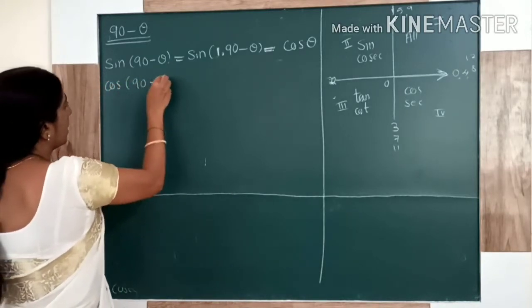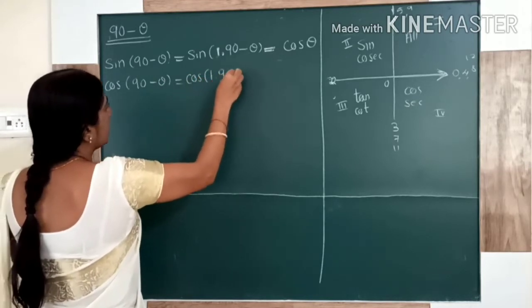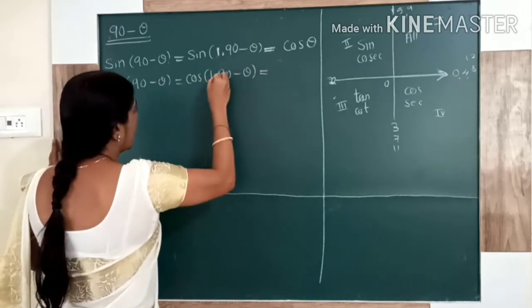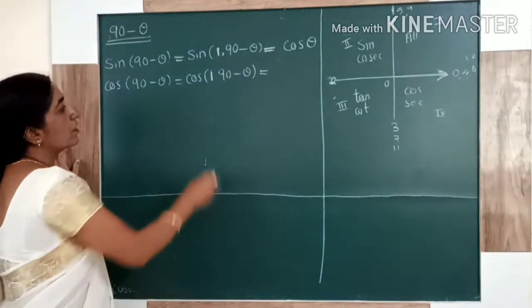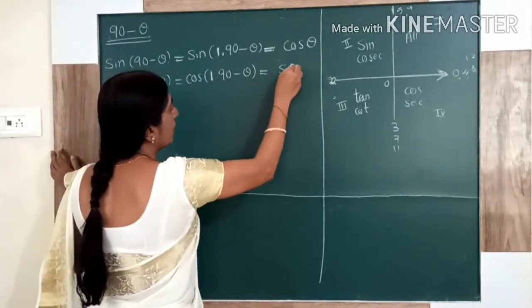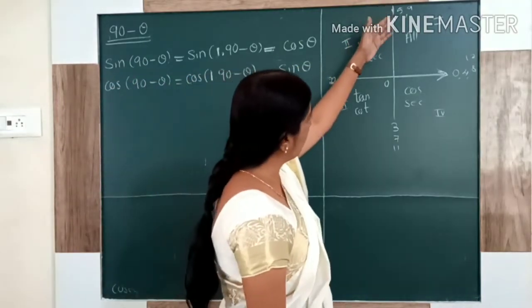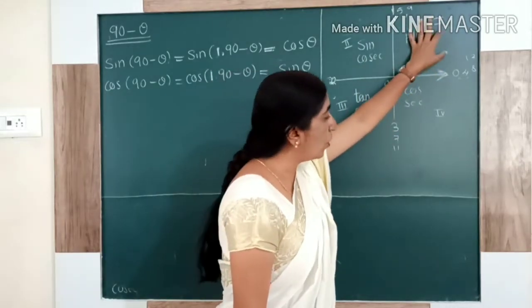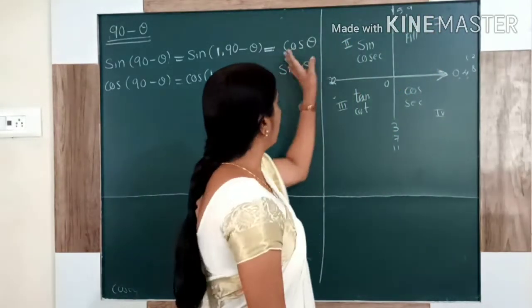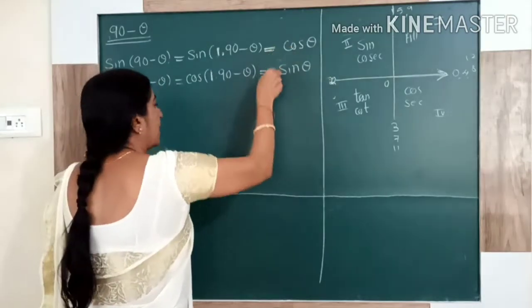Cos of 90 minus theta. It is cos of 1 into 90 minus theta. So again 1, coefficient of 90 degree is 1. It is odd. Cos changes to sin theta. And now you observe that 1 into 90 is this line and minus is in the first quadrant. Here all are positive. So your answer is positive. Remember you have to write the sign in front of this answer.